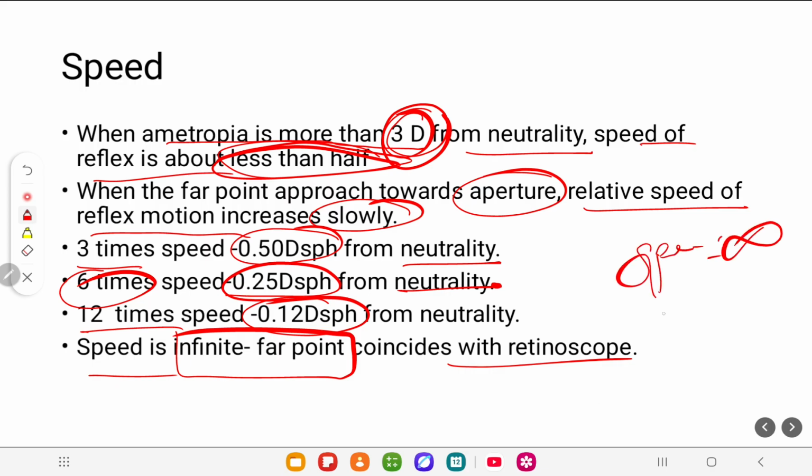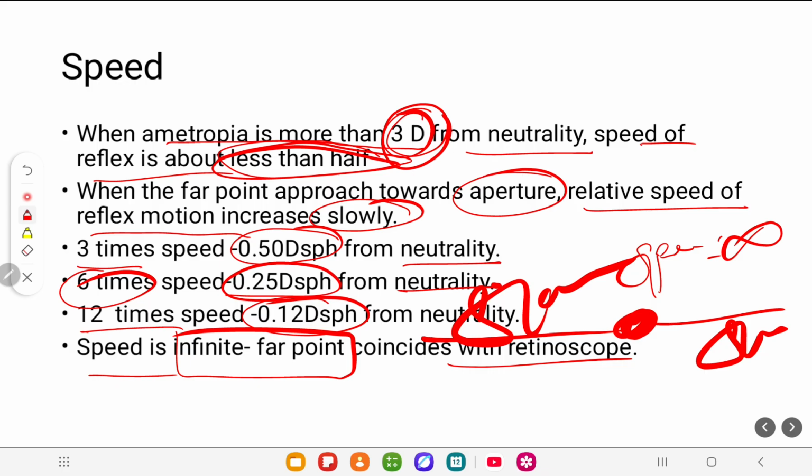As you move from the far point away and away, it gets slower and slower. Basically that. Okay, don't try to remember all these things. It's not important, not at all. How many times, no, don't try to remember these things because it's not that relevant. You just have to remember the concepts.